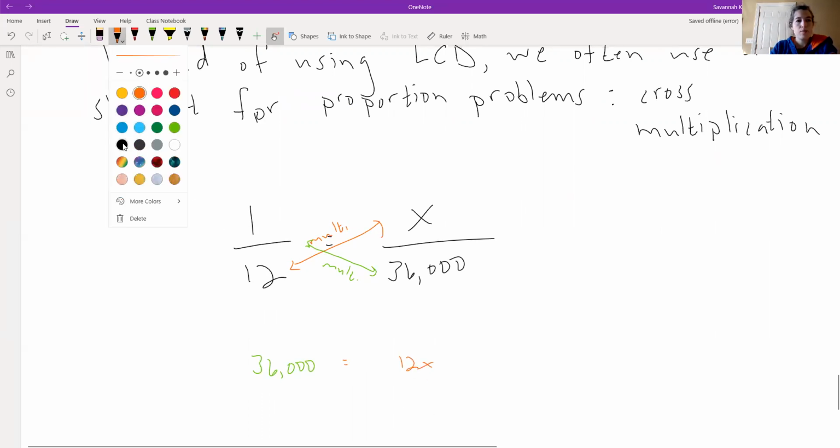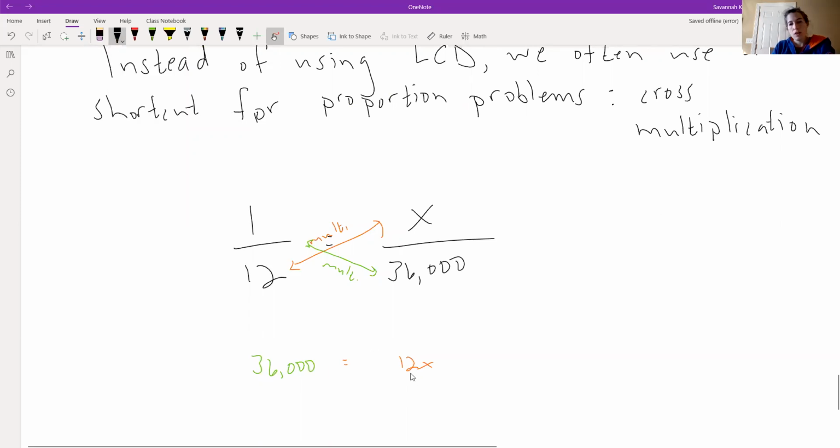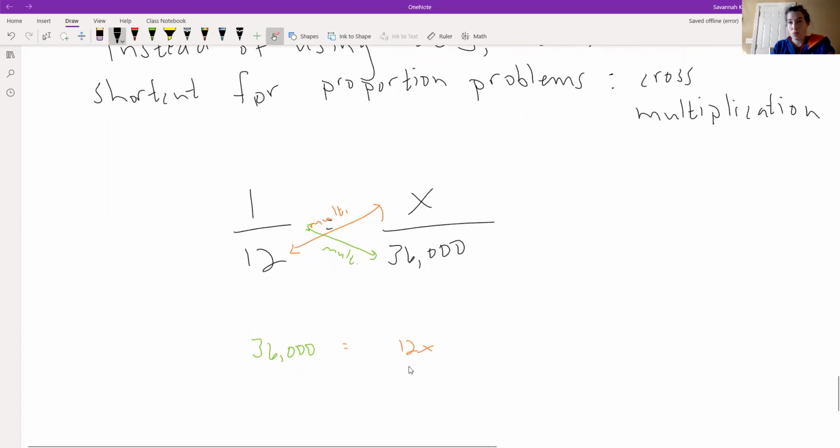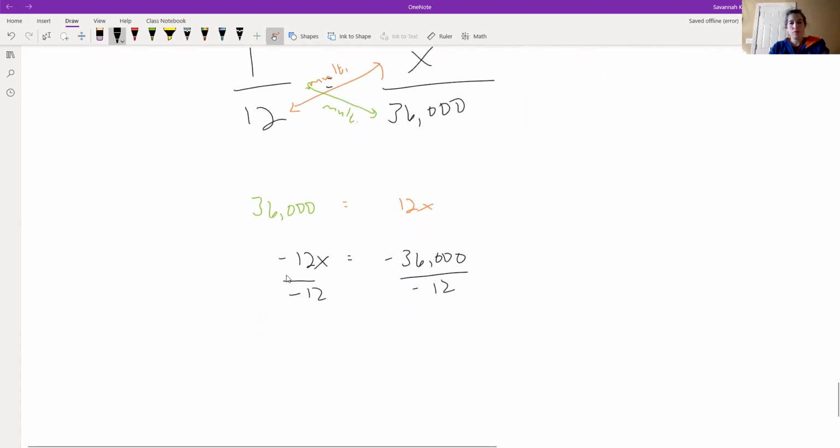And you can, if you want, because I'm always wanting that X on the left, you can subtract to see the term containing the X on the left, and then just divide like that. Cancel your negative 12s and you will get 3,000 homes. You'll get the same thing.